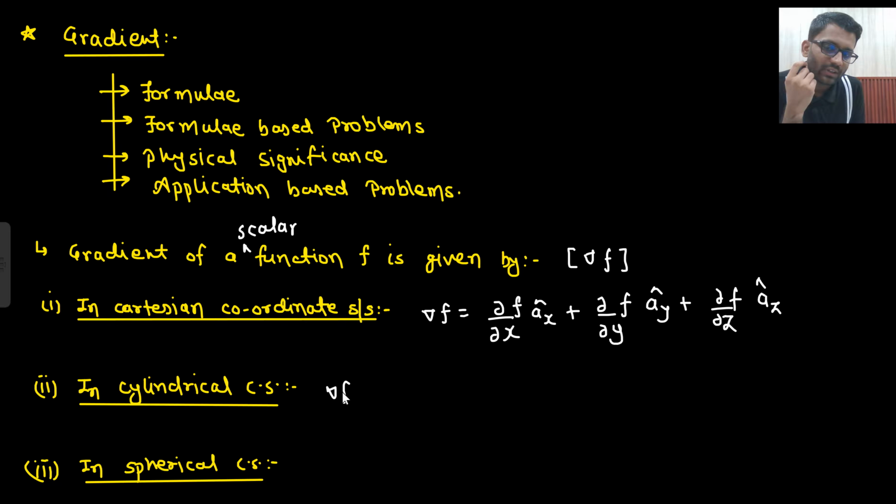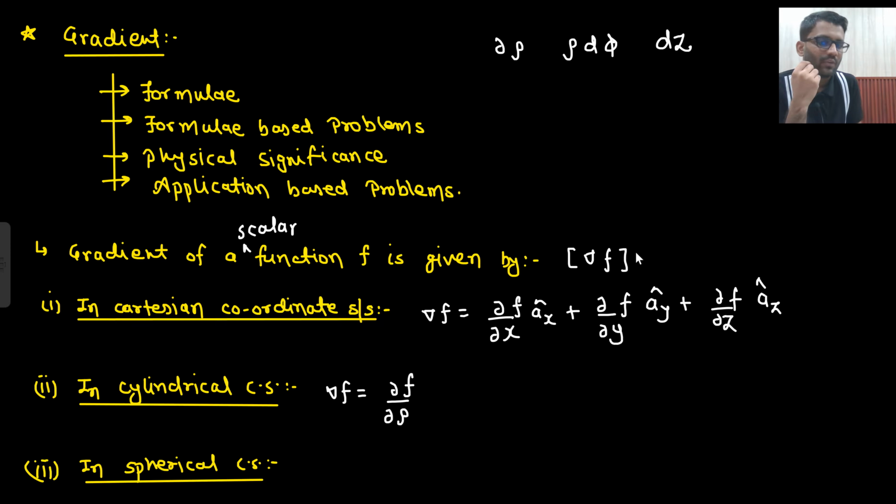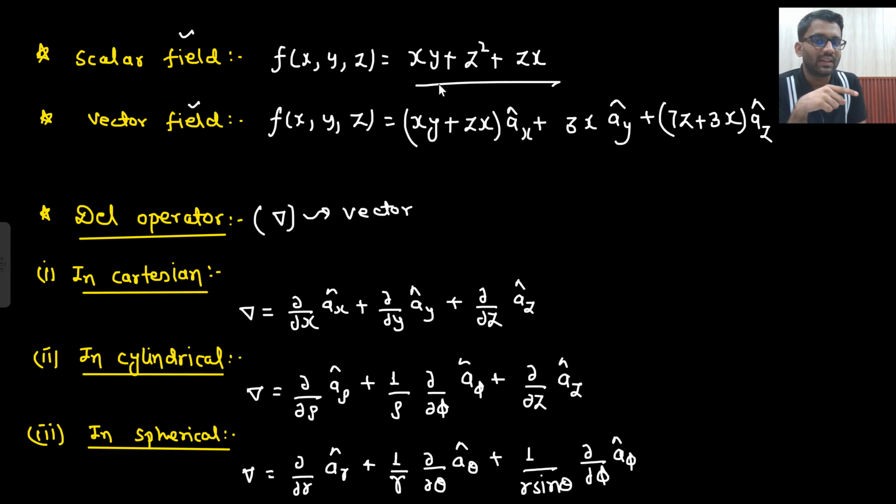What about the cylindrical coordinate system? How will it go? So what you want to write is d rho, d phi and dz. So del by del rho of the field will come, because it doesn't have any rho phi z function. Why doesn't it have any rho phi z function? Because it is a scalar field. So the scalar field will be somewhat like this.